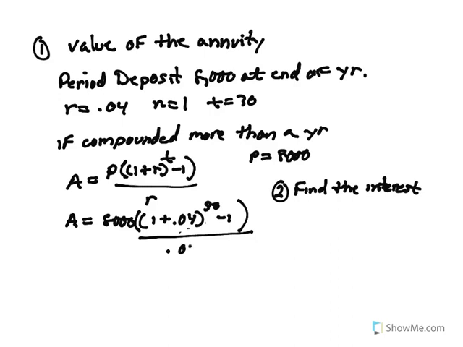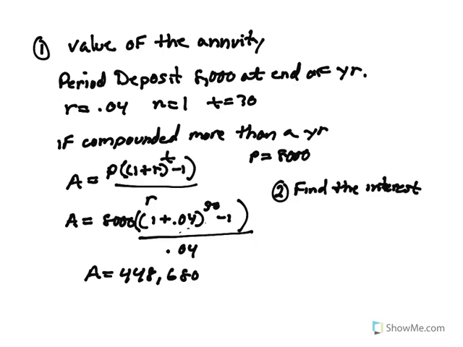So after you do 1 plus 0.04, which gives you 1.04, raise that to the 30th power, subtract 1, then divide by 0.04, you will get a value of 448,680. That's the real answer when you divide by 0.04. So that's what you get after 30 years.